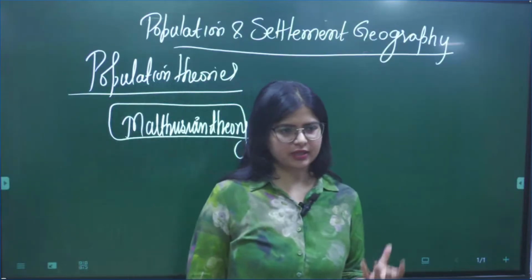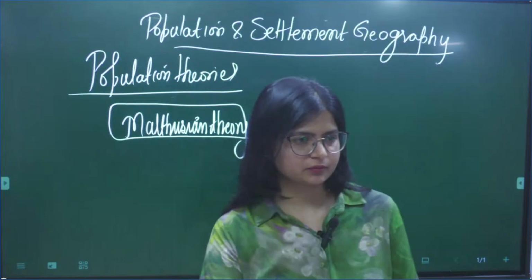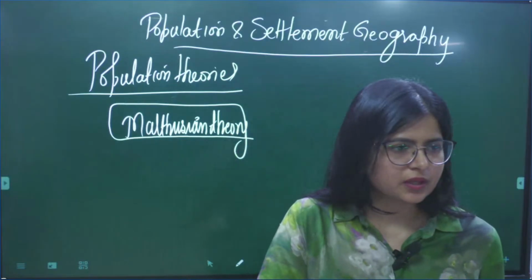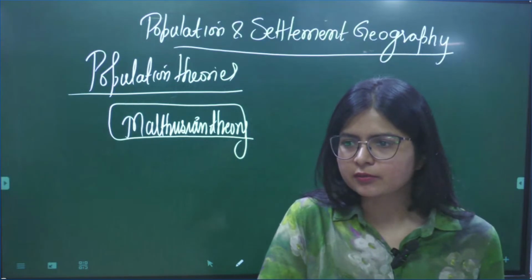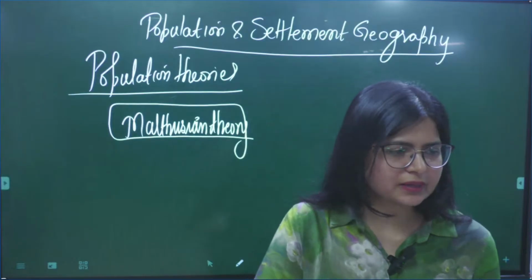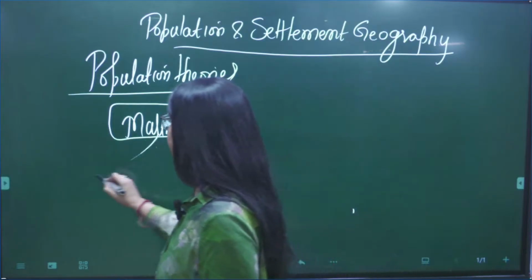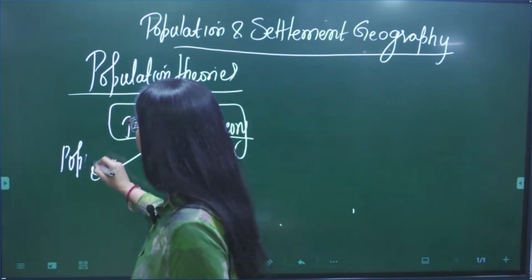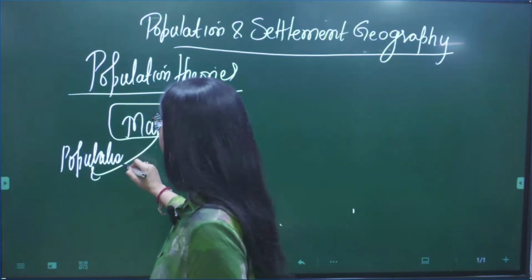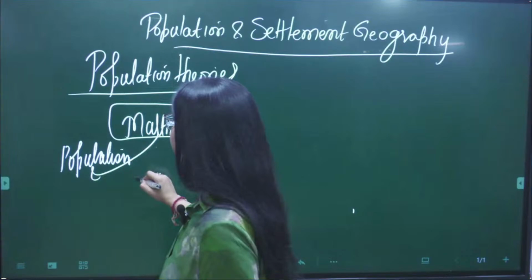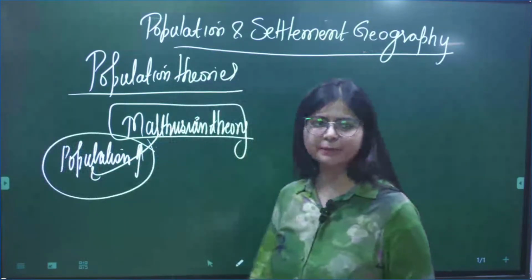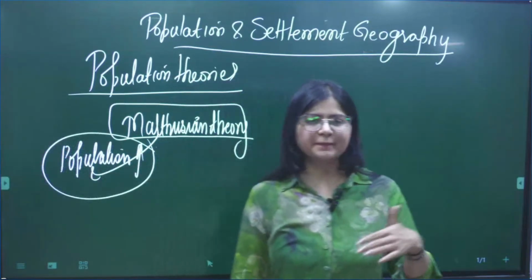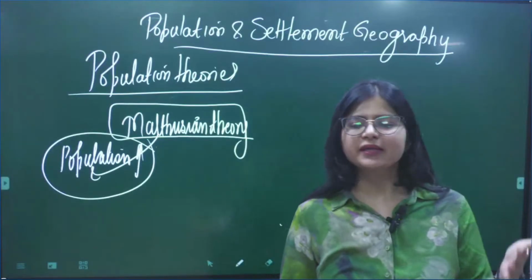Malthus said that if your economy is increasing, so what will happen? In this case, if the population is increasing, then what will happen? Your dependency on the food will also increase.